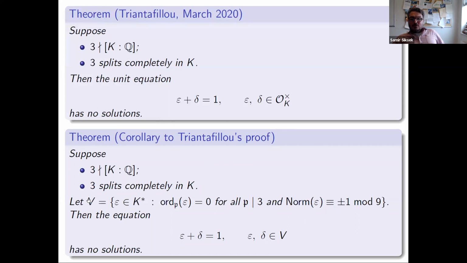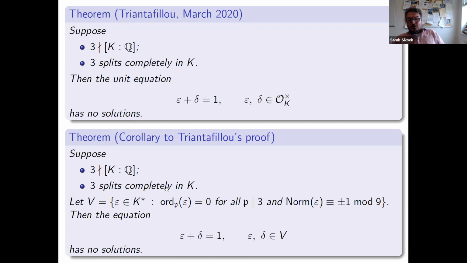Instead of the units, you take this set V, and this is going to be the set of epsilon in K star such that the valuation is 0 at all the primes above 3, and the norm of epsilon is plus or minus 1 mod 9. So the norm of epsilon is a rational number, but it doesn't have 3 in its support, and we want this rational to reduce to plus or minus 1 mod 9.